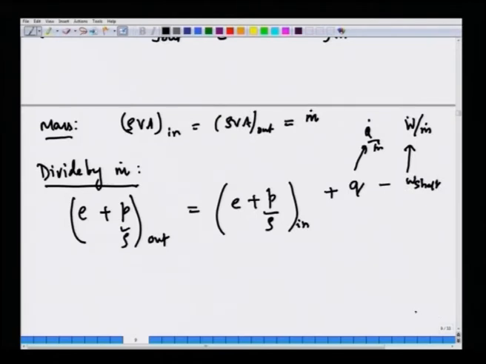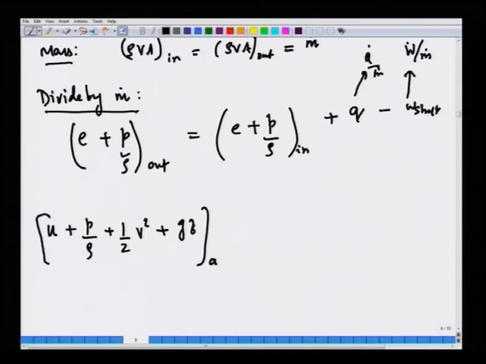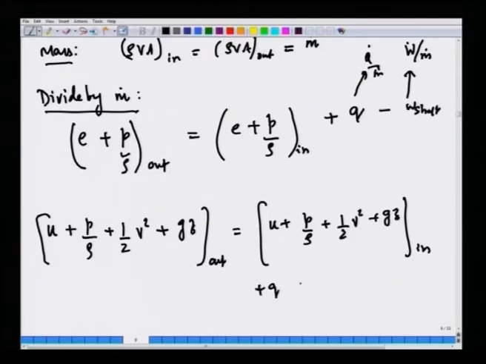So, the resulting quantity will be independent of time and it will be on the basis of per mass of the fluid. Okay. So, once we have done that, now I am going to write E as u plus P by rho plus half V squared plus g z. Outlet is u plus P by rho plus half V squared plus g z at inlet plus q minus w shaft.